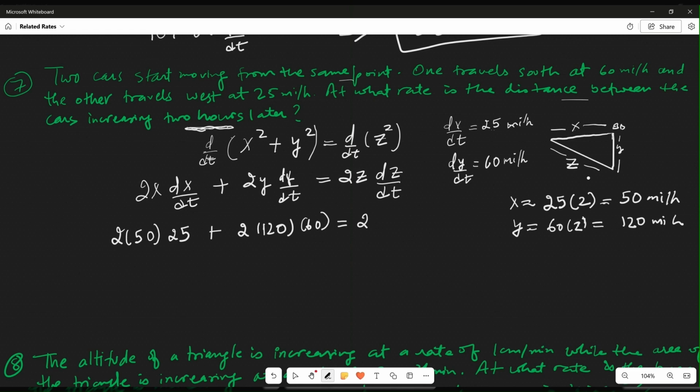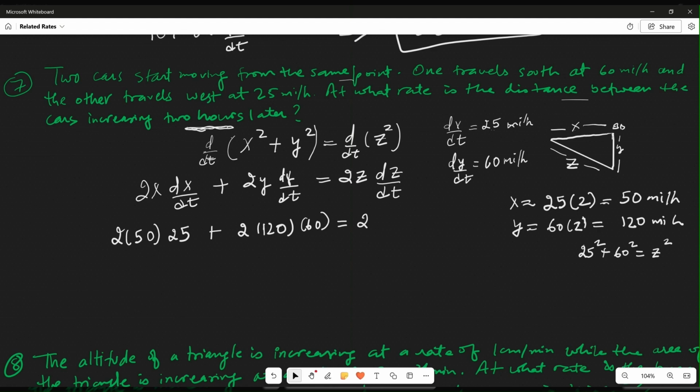Since this is the Pythagorean theorem, we can find z here, if we don't know the rate at which it's changing. So a squared plus b squared is equal to z squared, right?